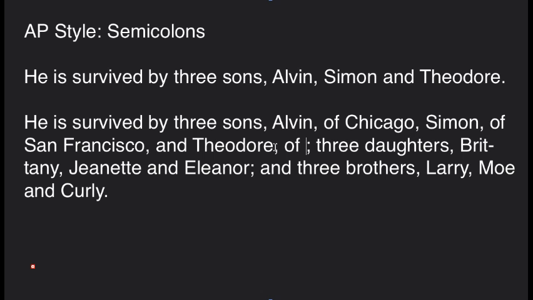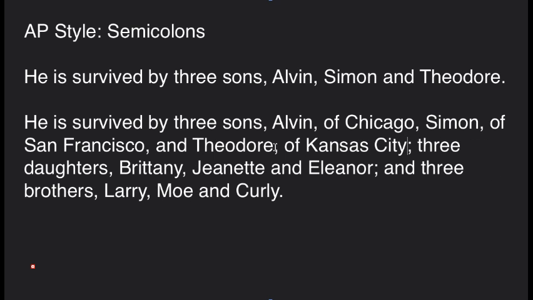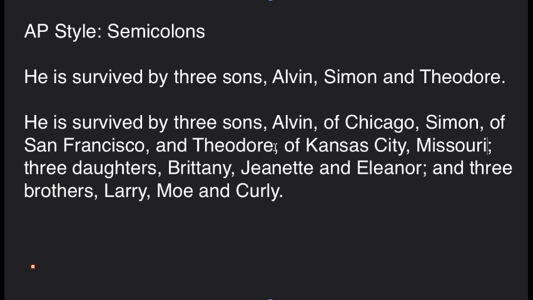If I have to list a city of residence with each one, this is just going to get very, very long in a hurry. But that's really all that you have. It's almost a shame we don't have a third different punctuation mark that we could use there besides commas and semicolons to help keep those lists organized, but this is really your only option.